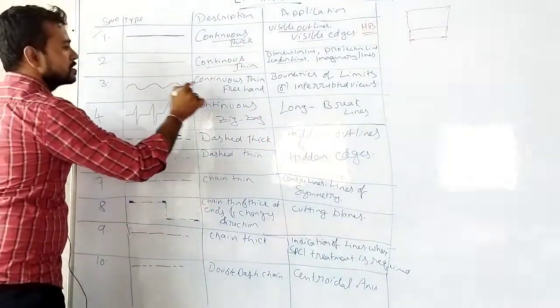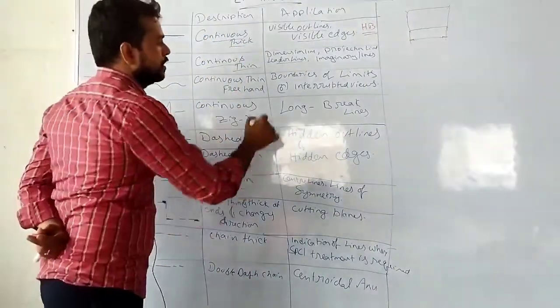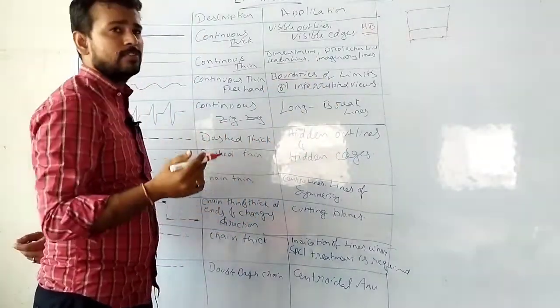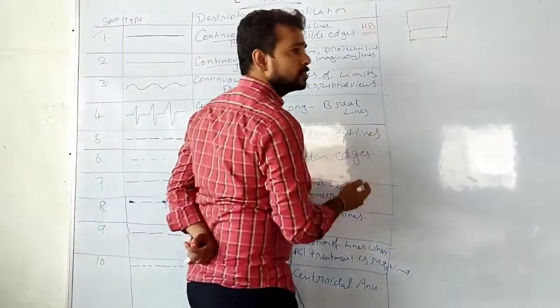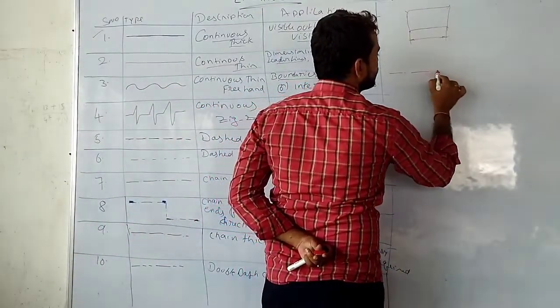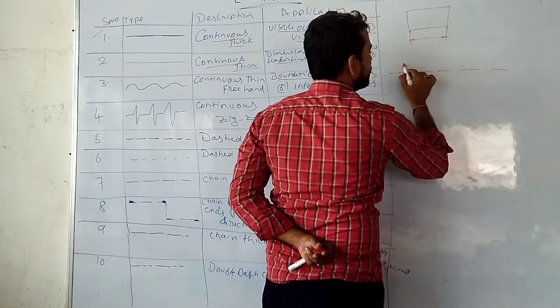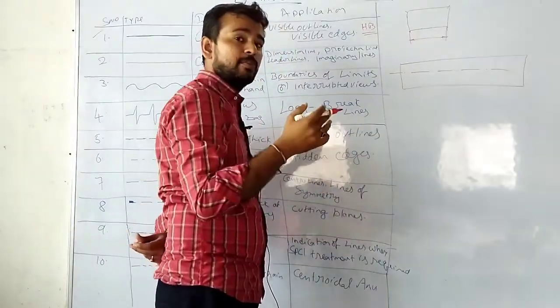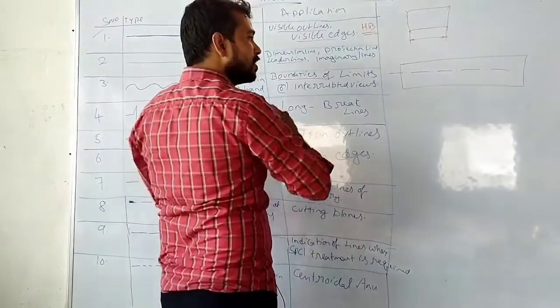Okay, the next thing is continuous thin freehand. It is useful in the application of boundaries of limits and interrupted views. Boundaries of limits and interrupted views means, suppose you are going to indicate a very big shaft, nearly 1 meter, nearly 10 meters or 1000 meters. You cannot draw the whole thing here.